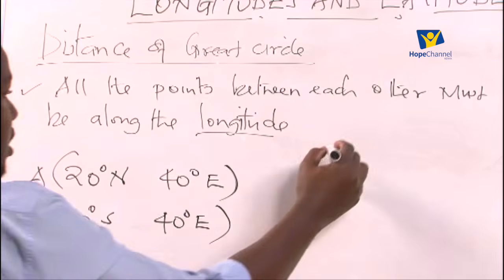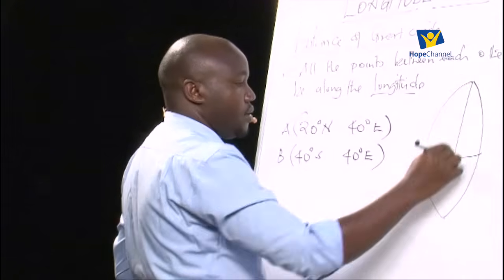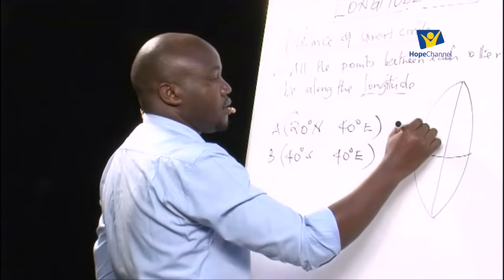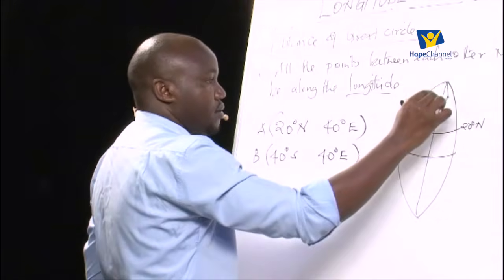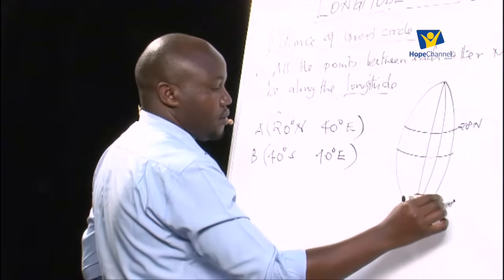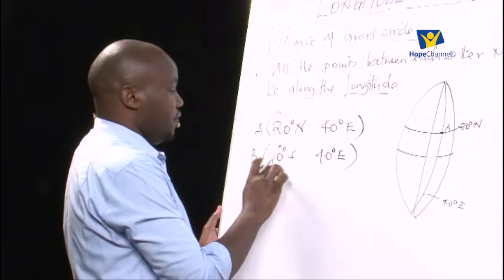Now, let me just locate this on the globe. 20 degrees north, 40 east. So the point of intersection is my A. Then 40 south.